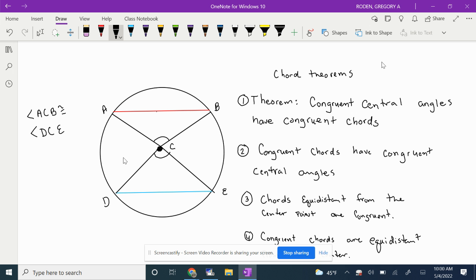That's telling me what this theorem says, that chord AB is congruent to chord DE. You guys see that? Pretty simple. It's saying if these two central angles are congruent to each other, then these two chords are congruent to each other.